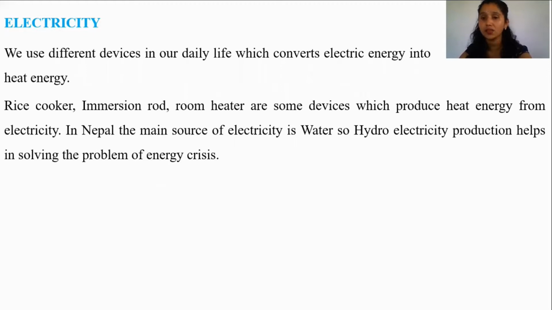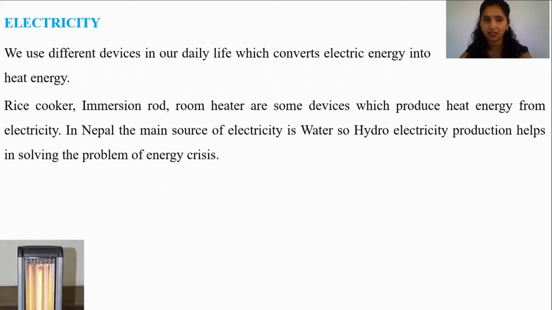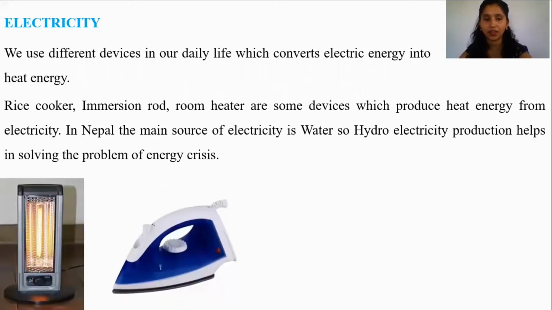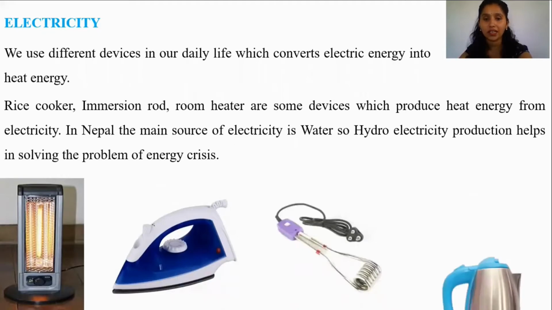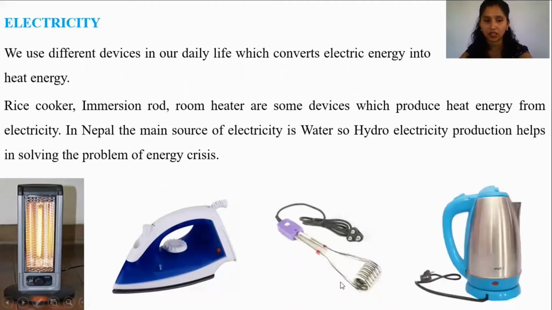So, hydroelectricity production helps in solving the problem of energy crisis. Here we can see some devices which convert electrical energy into heat energy: heater, iron, immersion rod, then electric kettle.